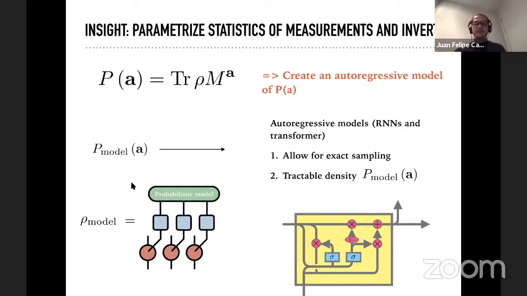We can also see this as a factorization of the quantum state in terms of a probability distribution and some simple tensors that are specified by how I measure the state. And note that all the complexity of the quantum state and the potential tractability of what we're trying to do is in the probability distribution, because the rest of the state is, if you want, factorized.